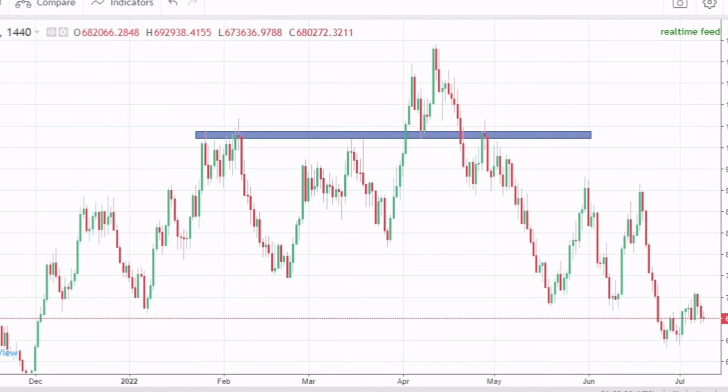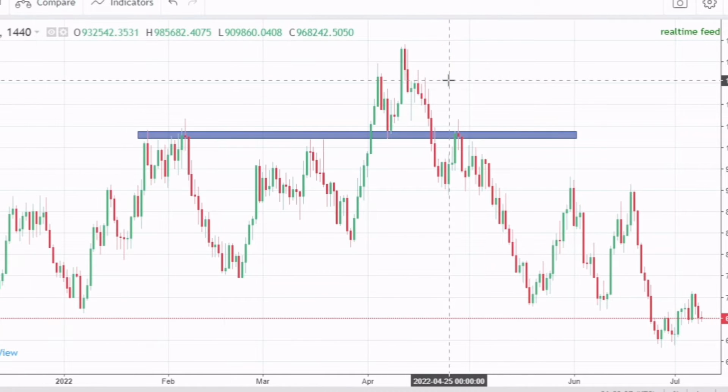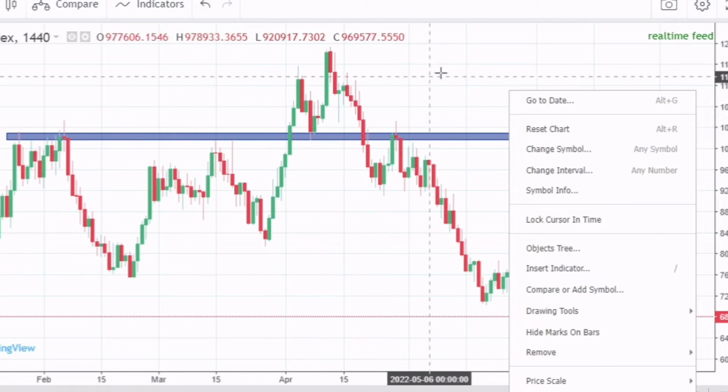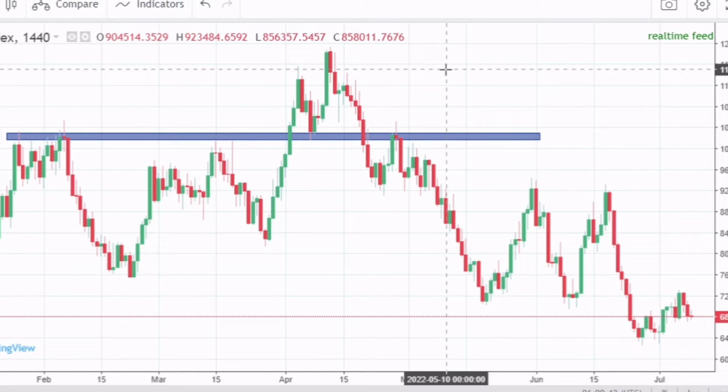Now our interest is to show you how VIX75 does observe these major supply and demand zones. From the top here we also have a situation.